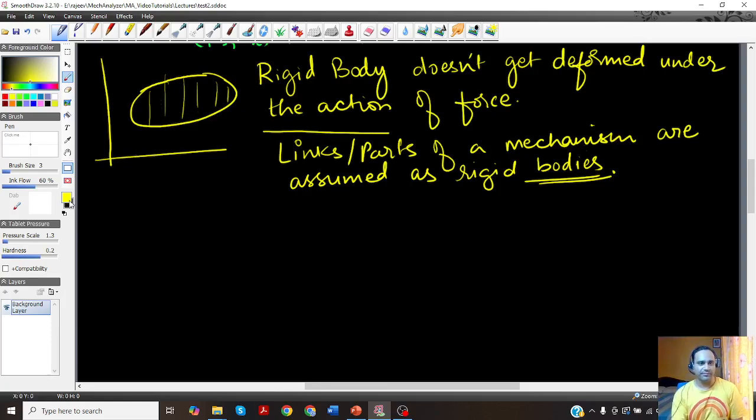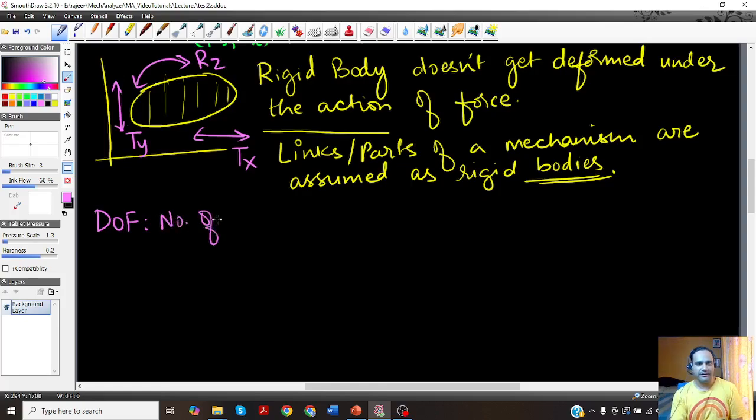If at all it has to remain in the same plane, I can translate along, let's say, the x-axis. I can translate along the y-axis, and I can also rotate about the z-axis. So degree of freedom, another definition we can think of, is the number of independent motions possible in a system.